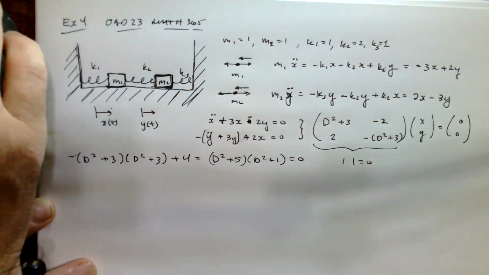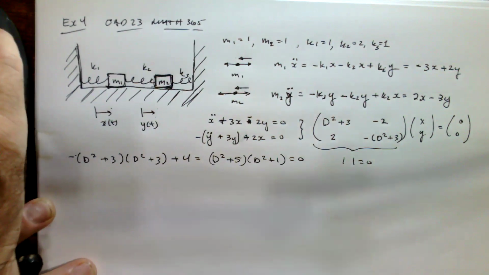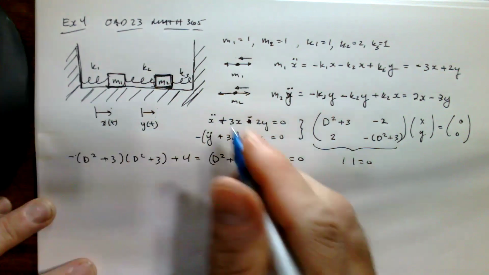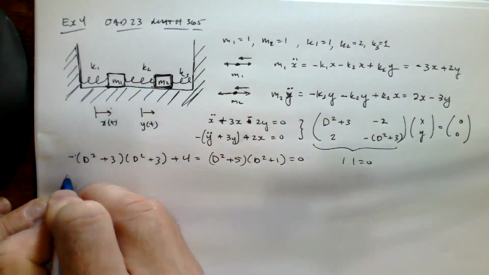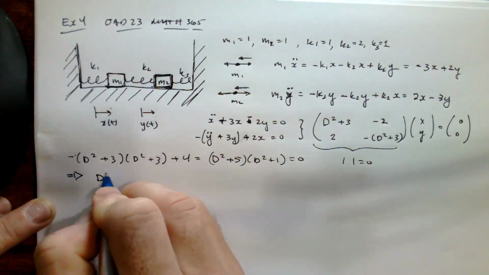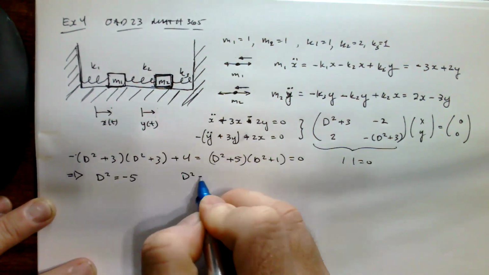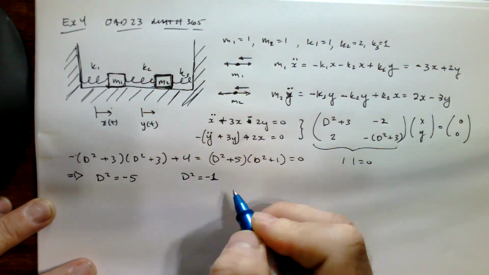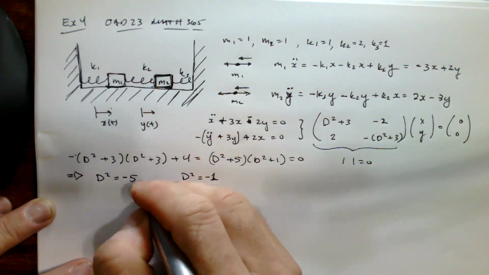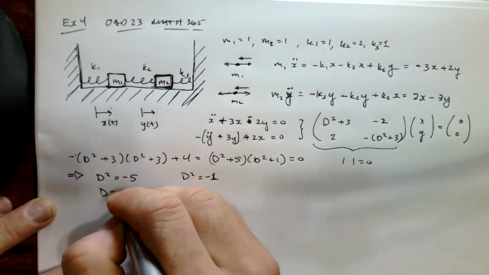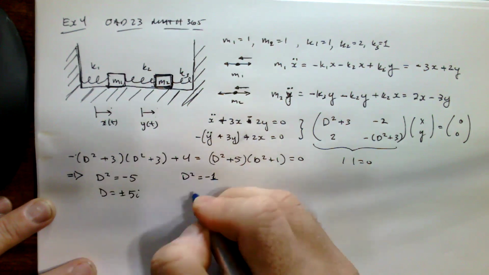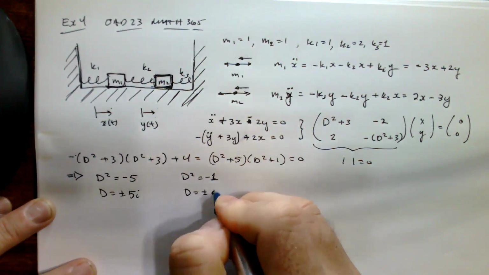We need that to equal 0. Which implies that D squared is equal to minus 5 and D squared is equal to negative 1, which says that D is equal to plus or minus square root of 5 i and D is equal to plus or minus i.